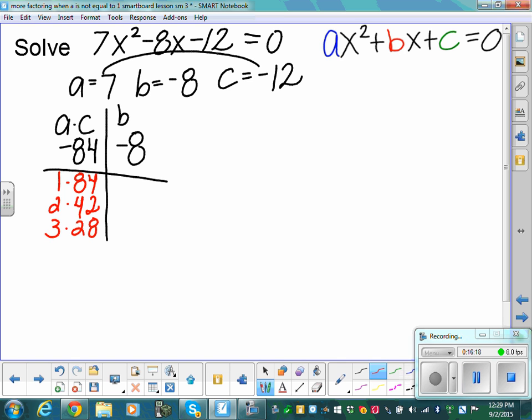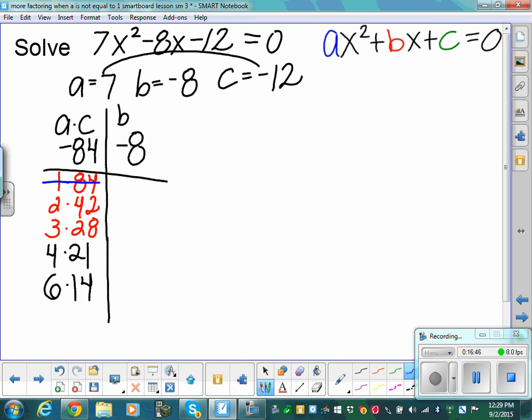And then let's extend that line because there's going to be some more. 84 divided by 4 is 21, so 4 times 21. And then 84 divided by 5, it's a decimal, we don't want that. 84 divided by 6, 6 and 14. And then we could keep going. I'm going to stop there and see if I have anything I can use yet.